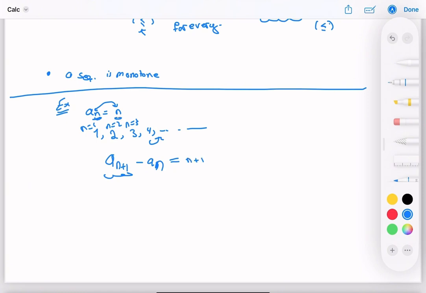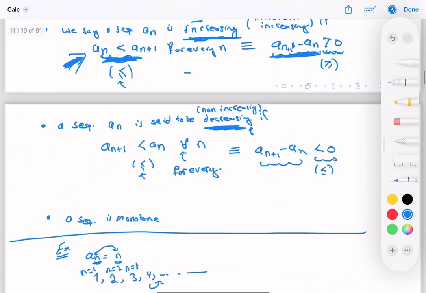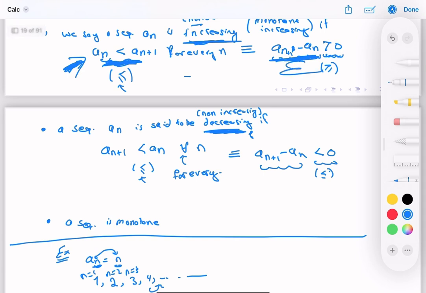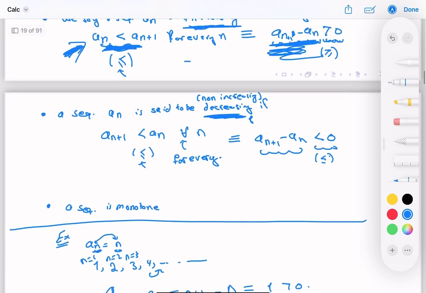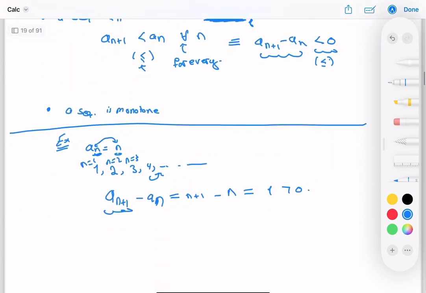So you have n plus 1, and an is just n, so this is negative n, and this is just 1, which is positive. And since it's positive, this implies an is increasing. All right. So this is the first example.